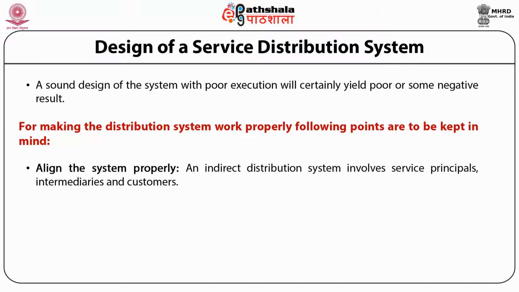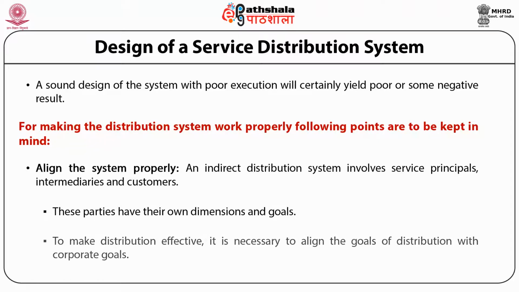In designing a service distribution system, an indirect distribution system involves service principal, intermediaries, and customers. These parties have their own dimensions and goals. To make distribution effective, it is necessary to align the goals of distribution with corporate goals.